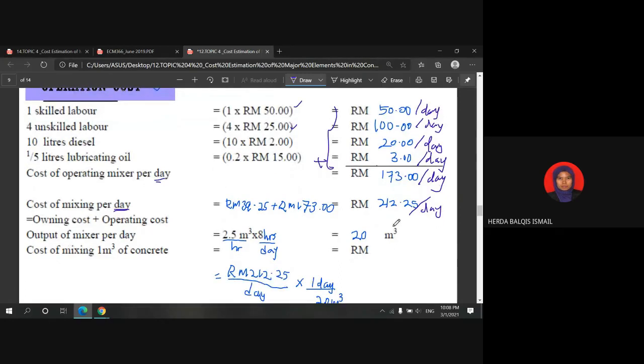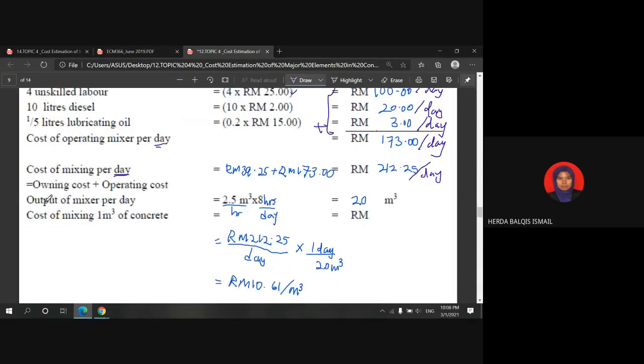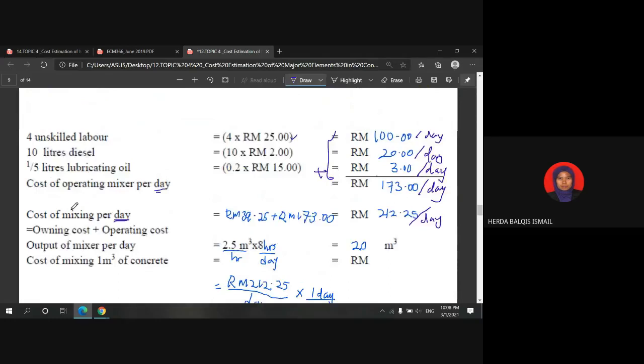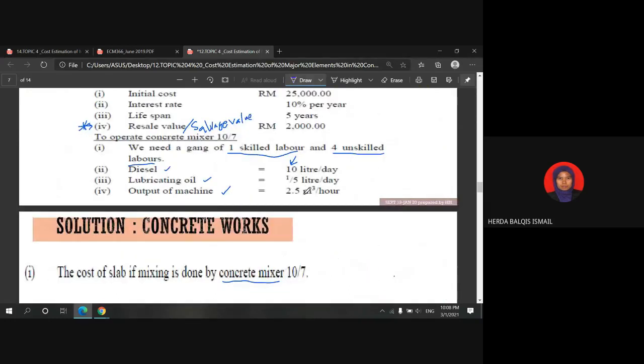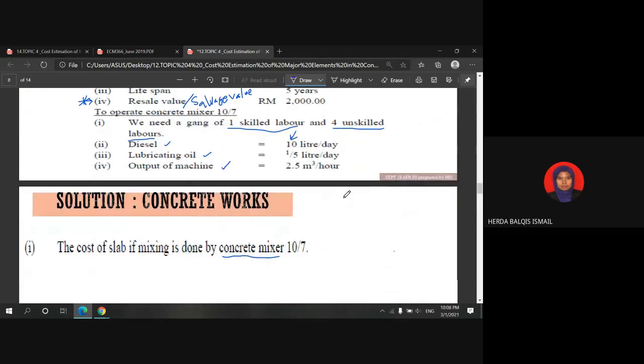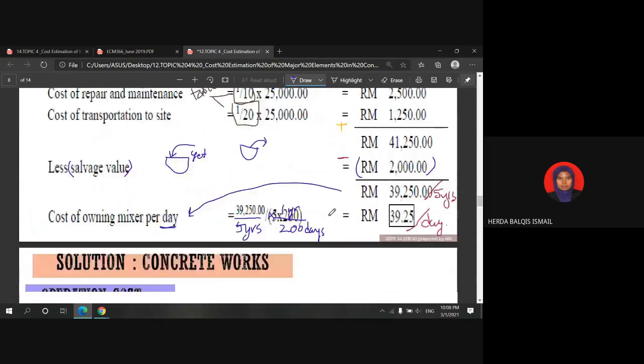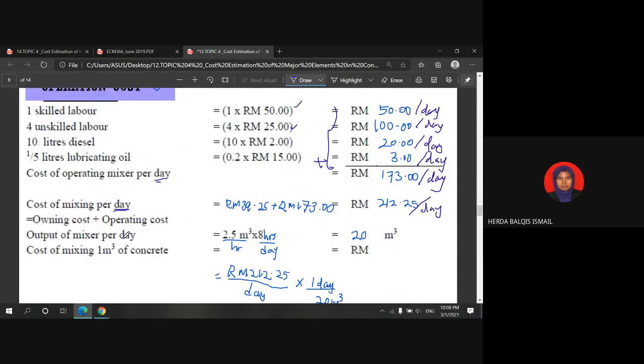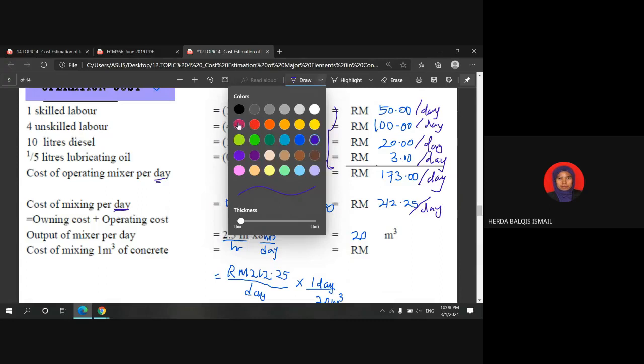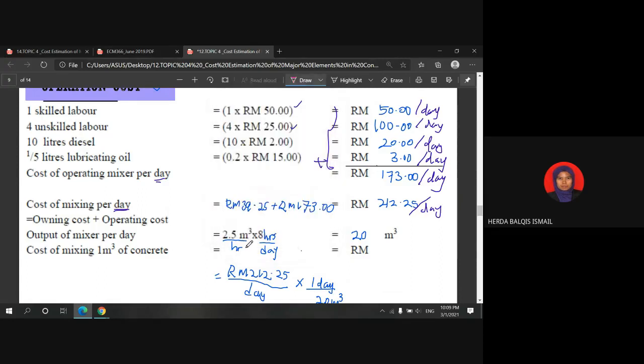But we want to know the mixing cost per cubic meter, per quantity. So here the output of the mixer plays the role. You know from the data given in the question that the output of the machine is 2.5 cubic meter per hour, so we use this constant.